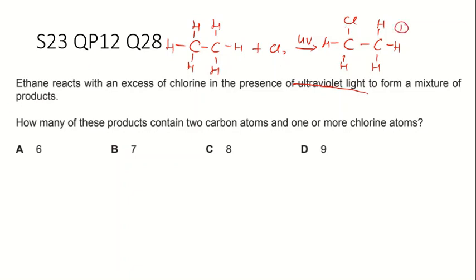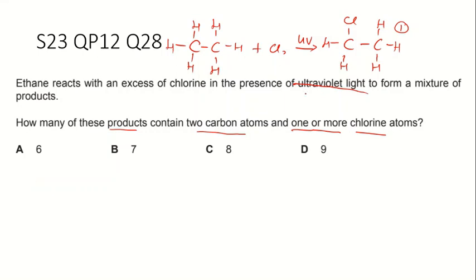Now the question is asking us to find how many of these products contain 2 carbon atoms and 1 or more chlorine. So this is our first product, 2 carbon atoms and 1 chlorine. They say 1 or more, right? So include this also. This is our first product.